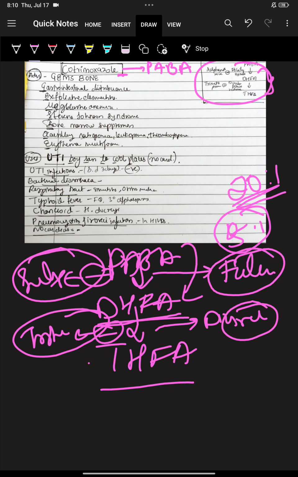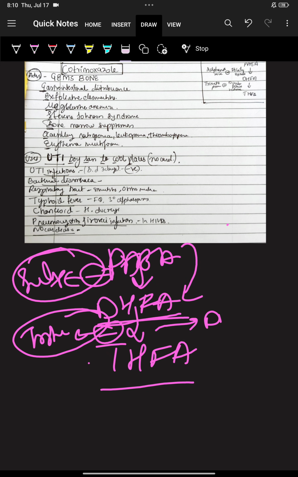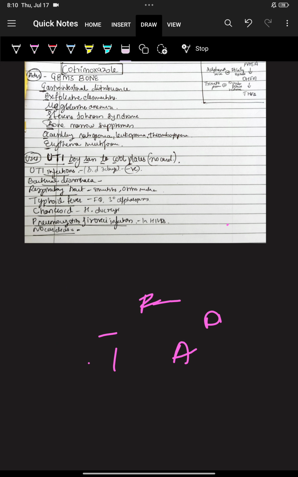That is enough. You can also write that the effect goes from bacteriostatic to bactericidal, and antimicrobial resistance is less seen. Then, it is given orally, well absorbed, it can go even to the CSF, is metabolized in the liver and excreted in the urine.